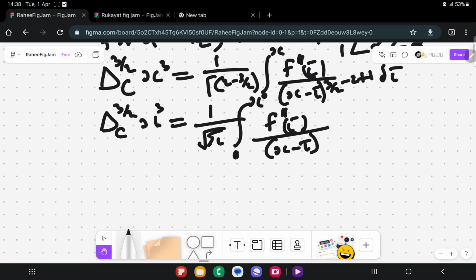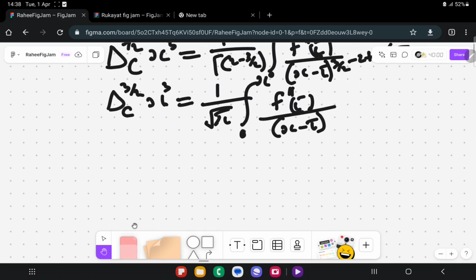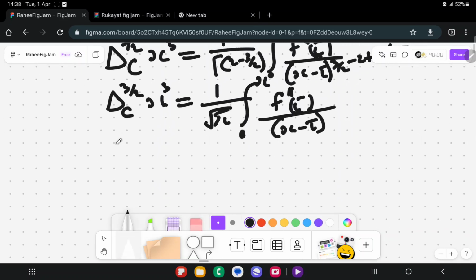Now let's find out what the double prime of f of x is. Remember, our f of x is given to be x cubed.